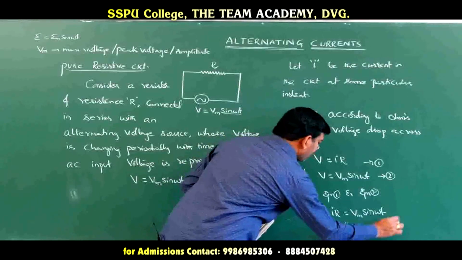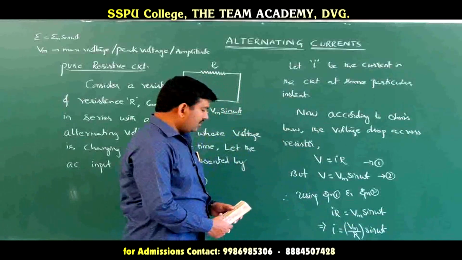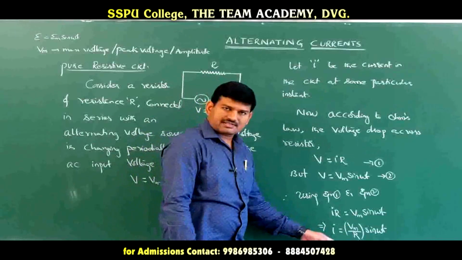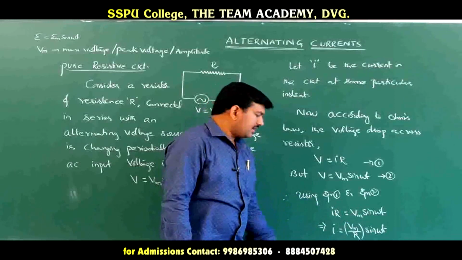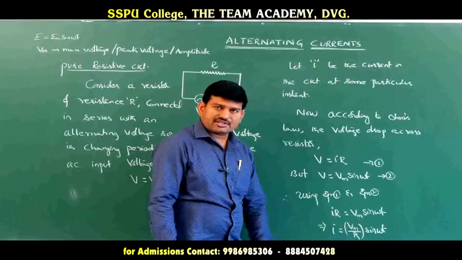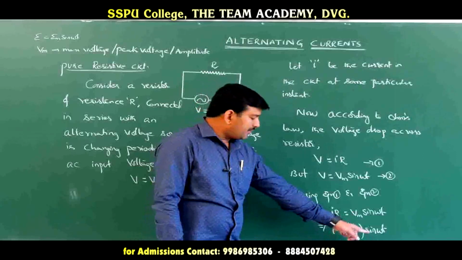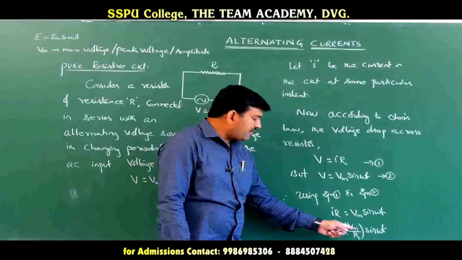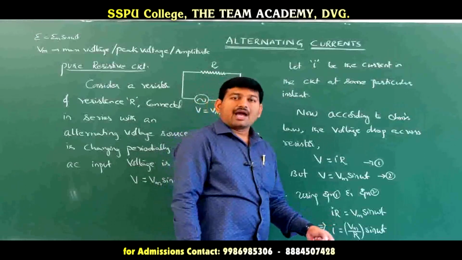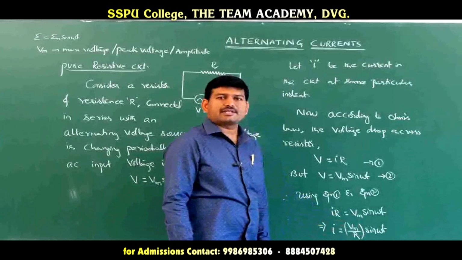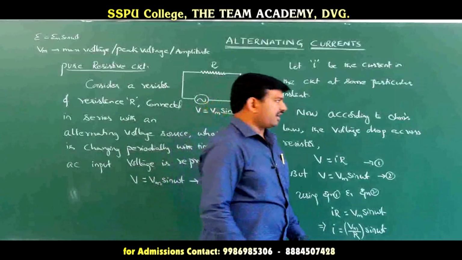If you see this equation, the left hand side term represents the current, so the right hand side term must also represent the current. Sine omega t is a mathematical function, it does not have any physical meaning here. Therefore, Vm by R must represent the maximum value of current.